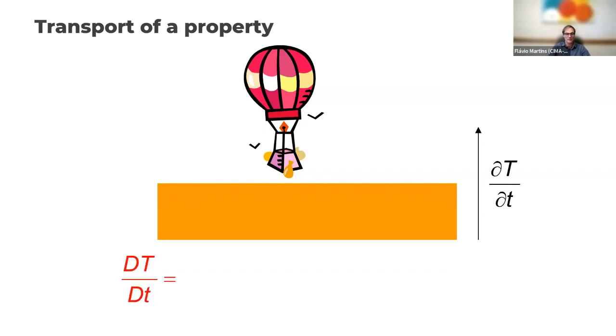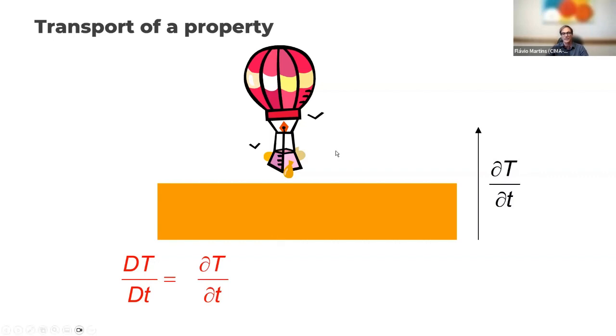My question is, how do you relate the variation of the temperature the person measures inside the balloon with the temperature of the environment? It's pretty obvious that they will be the same.